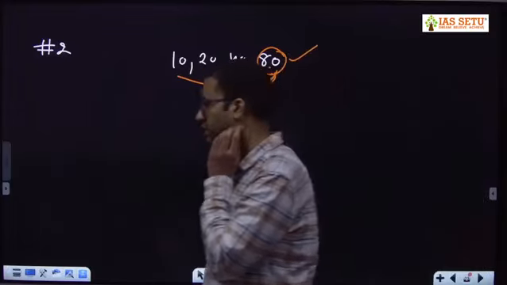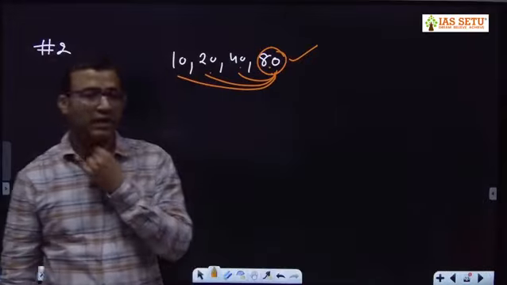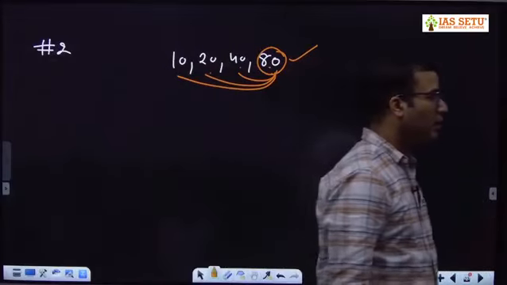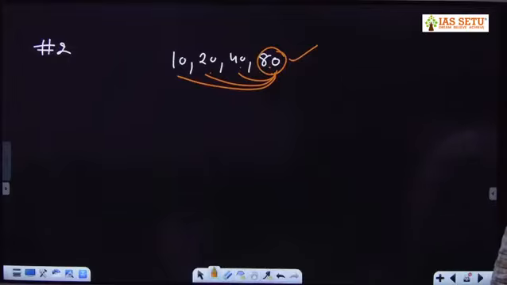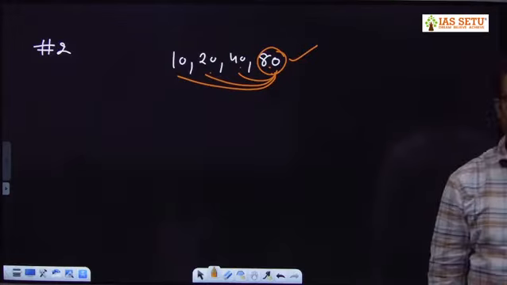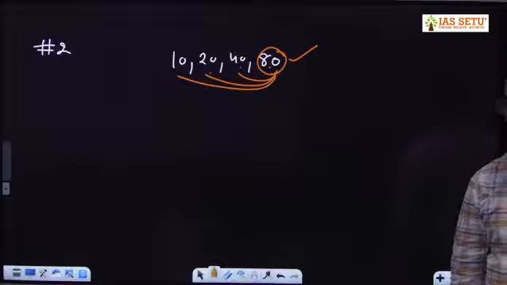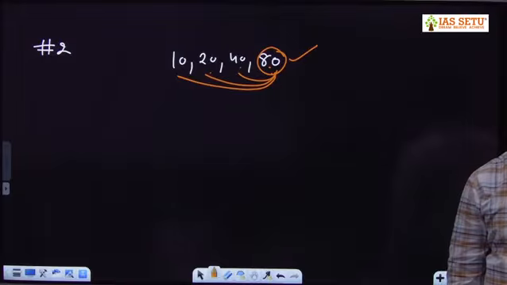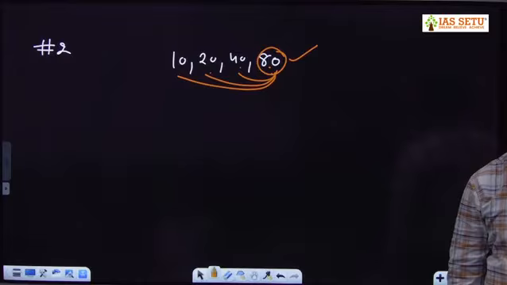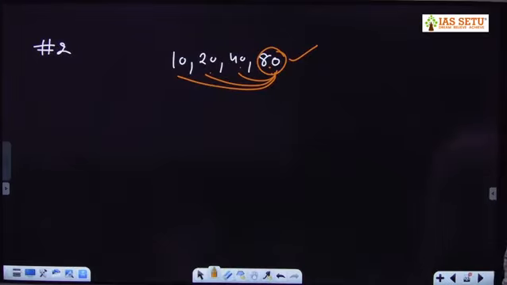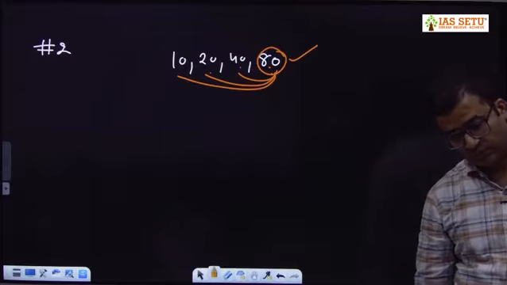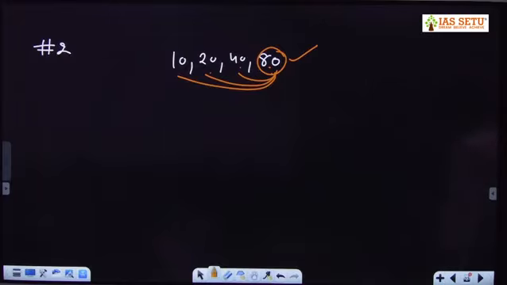Second observation here. If the largest number is a multiple of all the remaining numbers, then the largest number itself is the LCM.